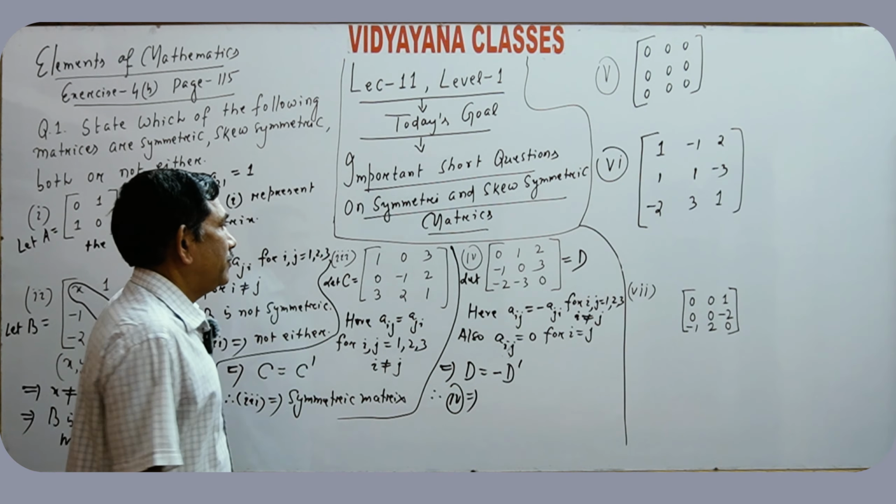A zero matrix may be of any order, but a square zero matrix represents both symmetric and skew symmetric. Clear? Okay.